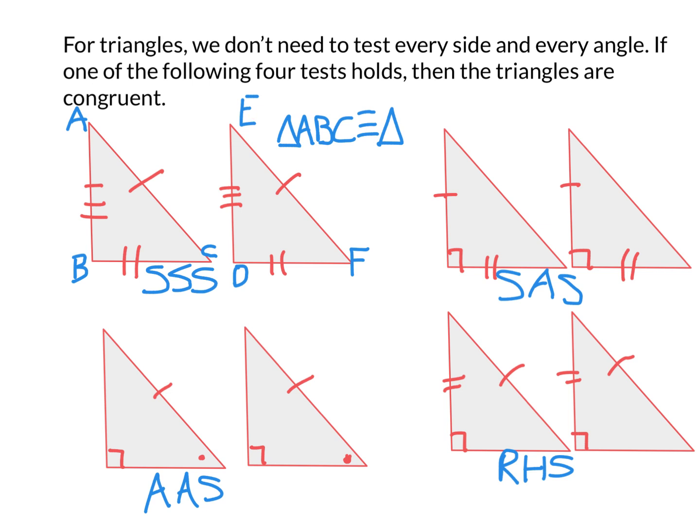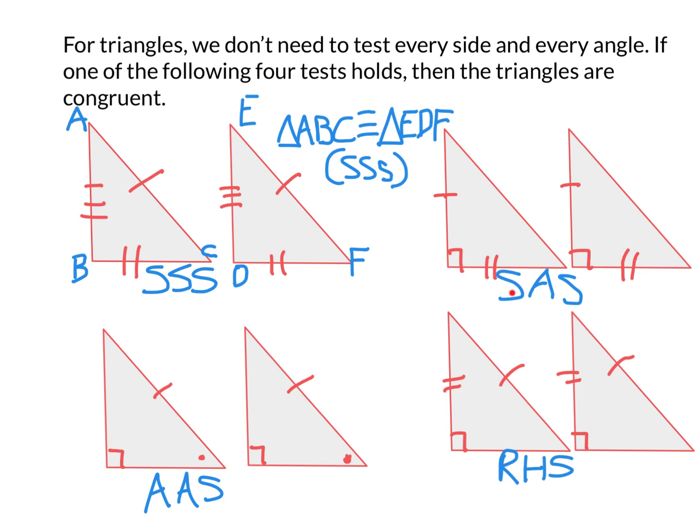A corresponds to E because these two angles will be equal. So because I put A first in the first triangle, I need to put E first in the second triangle. Similarly, B corresponds to D, so I need to put D second and then F third. And if you know the test, you can just write it in brackets. This is a congruent statement.